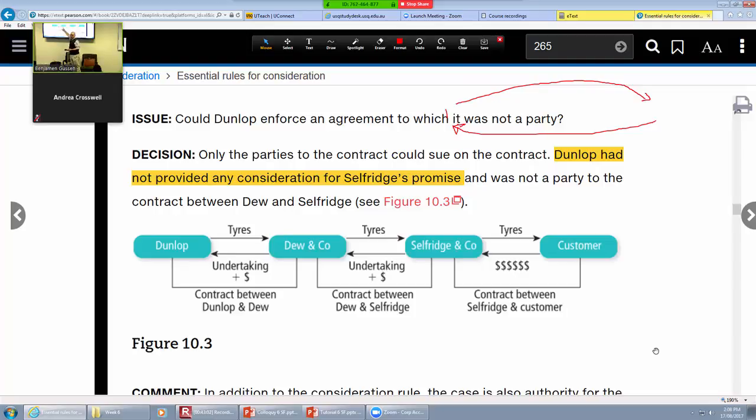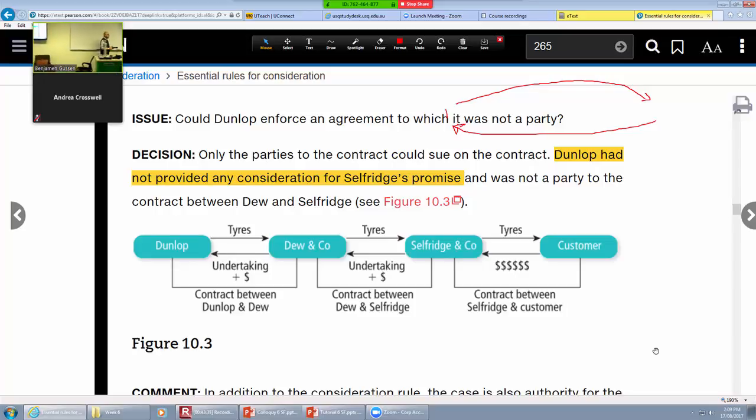Is there any promise flowing from this promisor to this promisee? No. So there can be no consideration from this promisee flowing to this promisor. So this promise was not bought by Dunlop, it was bought by Dew. Because they gave this consideration, these guys didn't give any consideration. Even though they have given the tires to Dew, who eventually gave it to Selfridge.